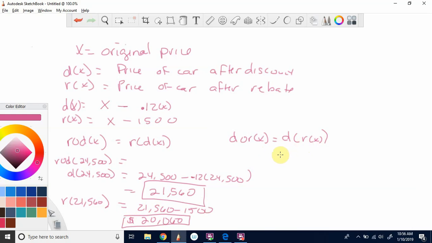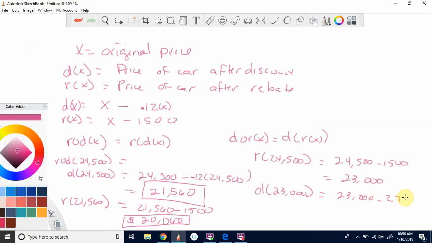So let's do the opposite. Let's do the rebate first and then the discount. So we need to do R of the price of the car. We put it in there, we get 24,500 minus 1,500, and we get 23,000. Now we need to take the discount of 23,000, which is 23,000 minus 0.12 of 23,000.